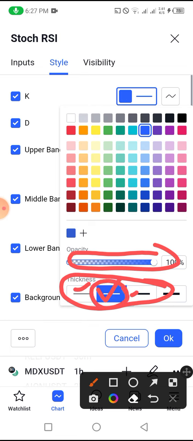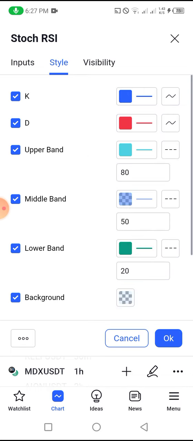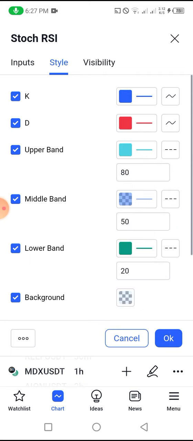Then after making that adjustment, you come back, you tap anywhere, and it goes off, and then you still tap on the D. You also choose the color for yourself. You make adjustment on the opacity and then the thickness. Then you tap anywhere within the chart, within the screen, and then that will be done.